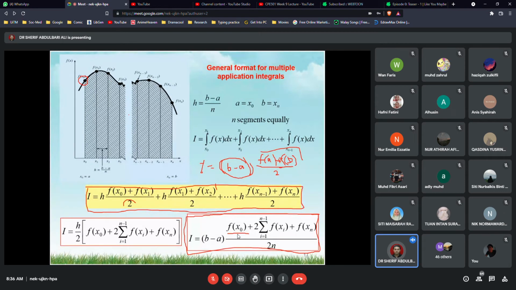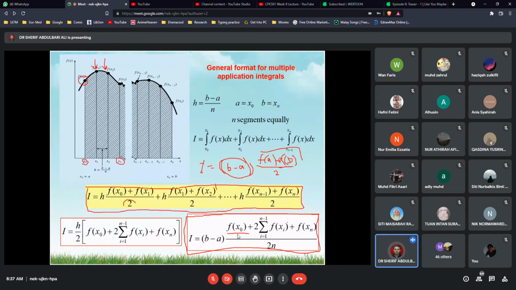So in our case, let's say that our limit is from x0 to x3. My internal points here are the function of x1 and the function of x2.